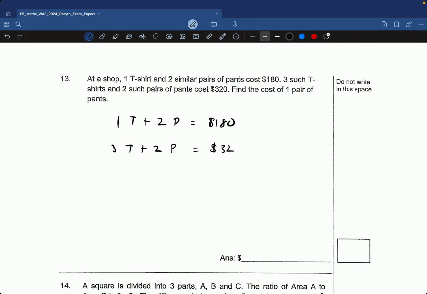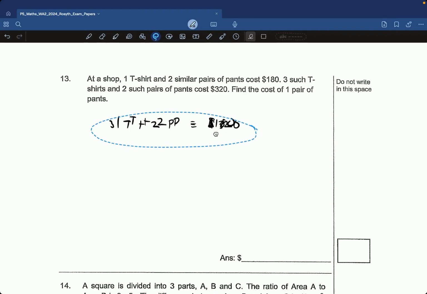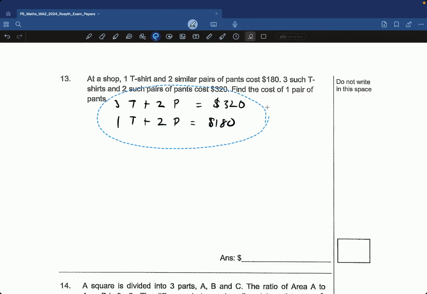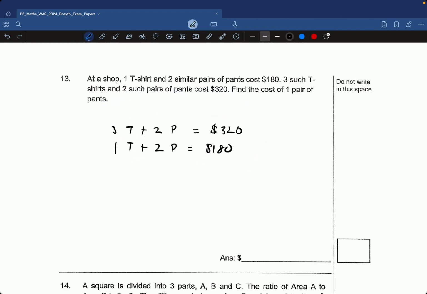If you subtract both, in this case, 3t and 2p, we will be left with 2t's, which is basically equal to 320 minus 180, which is equal to $140.